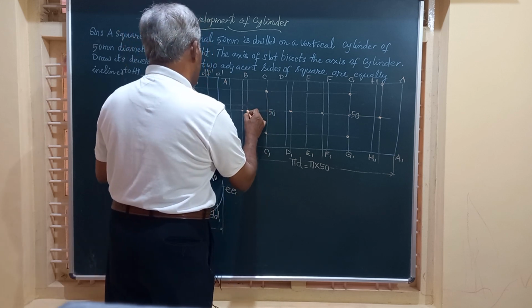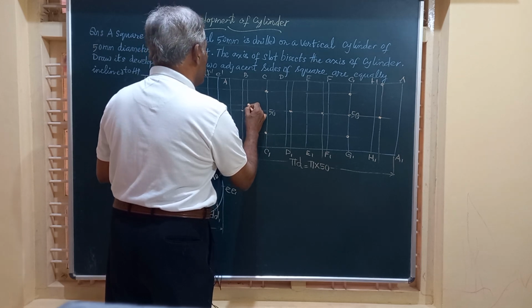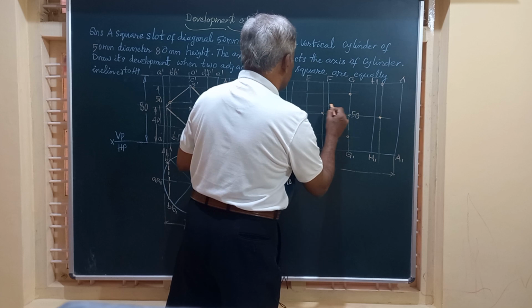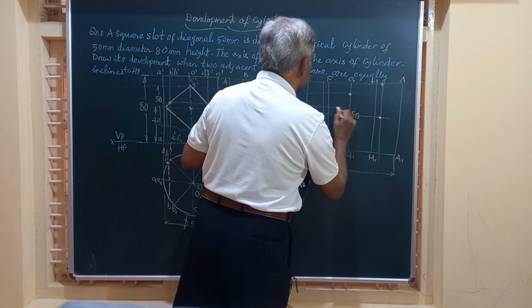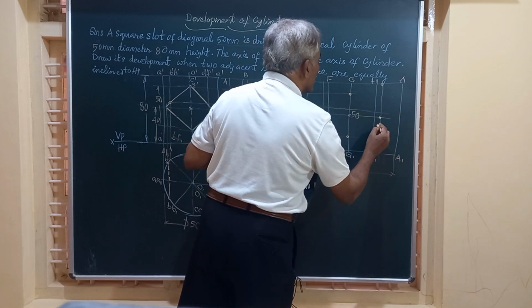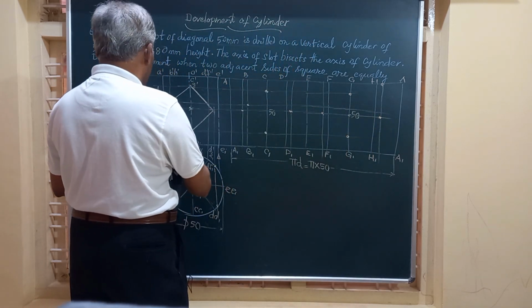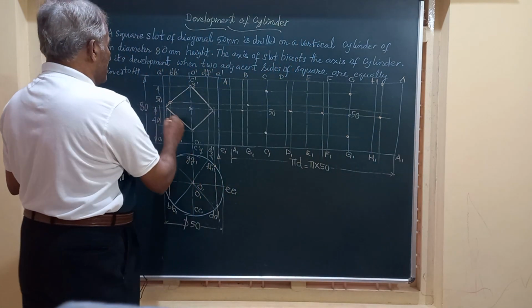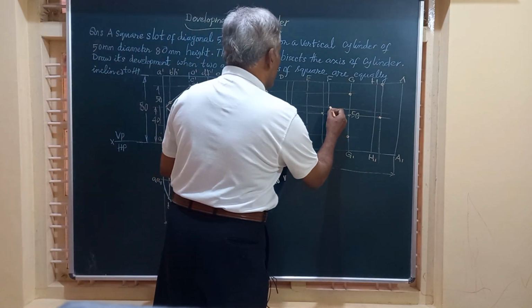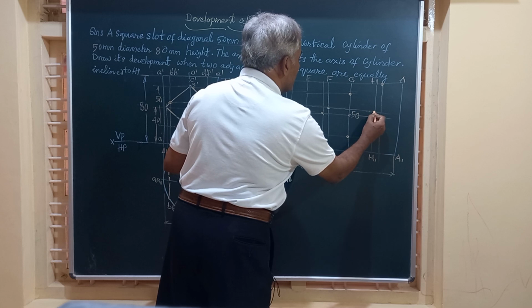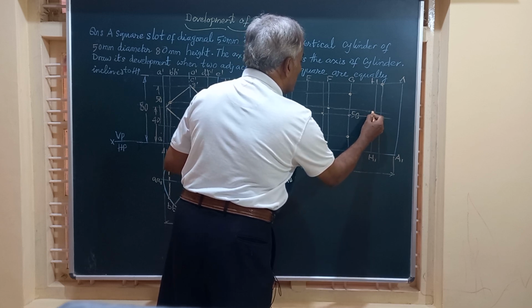And this point is on BB and similarly on HH. BB and HH. So friends, we are going to get two more points here. So once you have this point, take equal distance on the other end, you will have this.